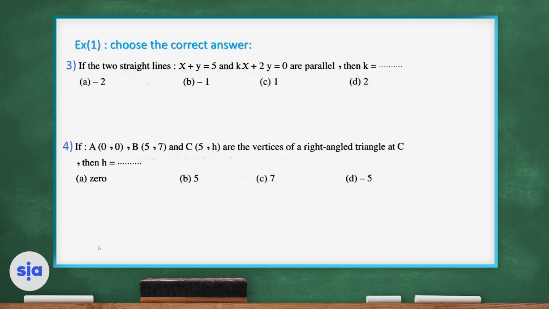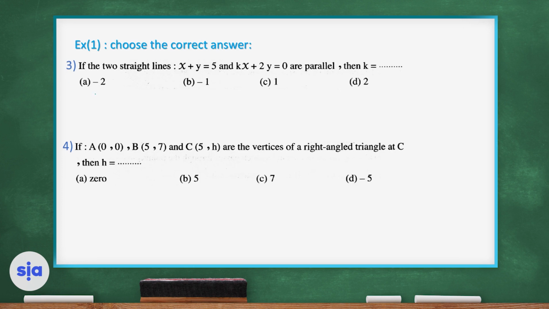Question 3, if the two straight lines x plus y equal 5 and kx plus 2y equals 0 are parallel, then what is the value of k? As long as the lines are parallel, then the two slopes are equal to each other.